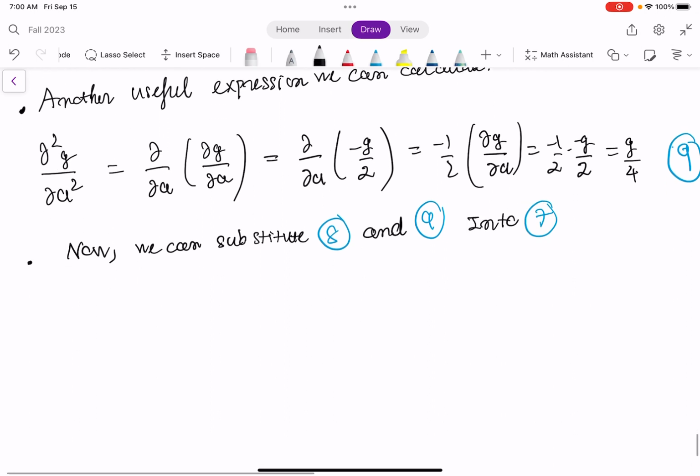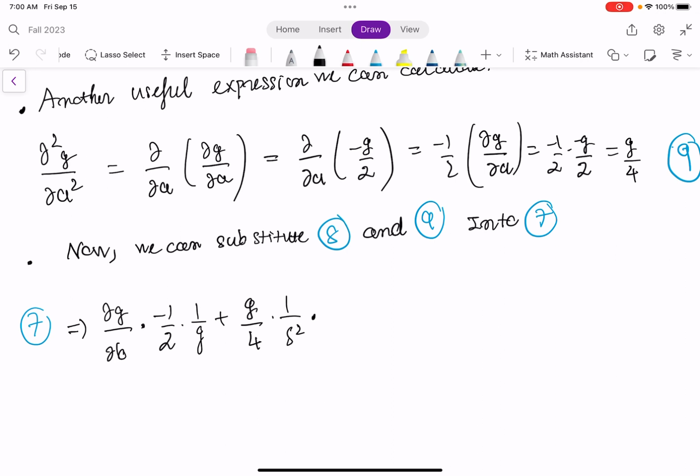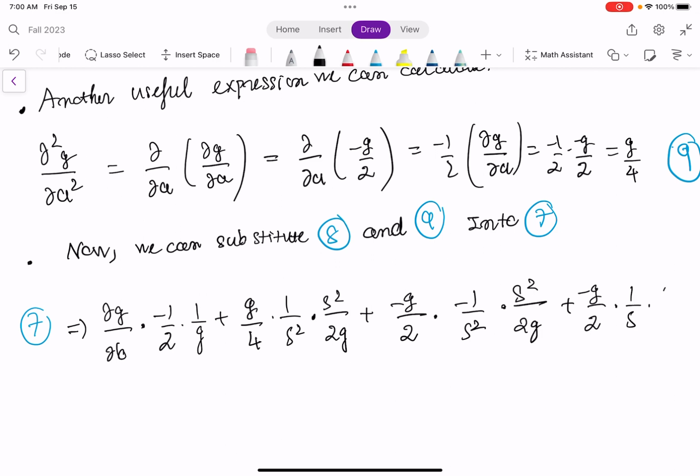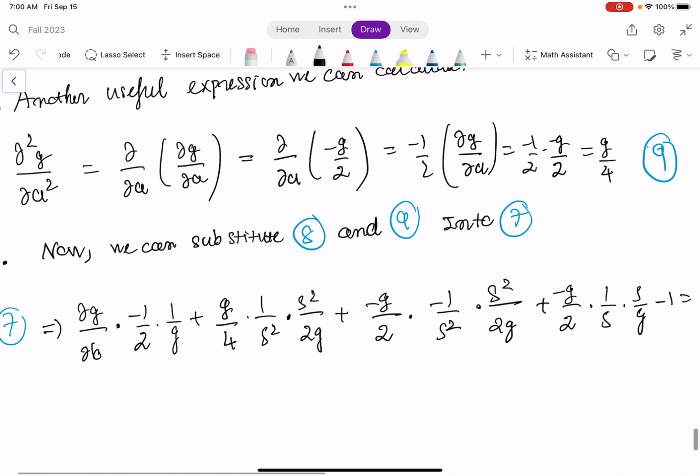So from 7, we get partial g with respect to b times negative 1/2 times 1 over g, plus g over 4 times 1 over s squared times s squared over 2g, plus negative g over 2 times negative 1 over s squared times s squared over 2g, plus negative g over 2 times 1 over s times s over g, minus 1 equals 0.